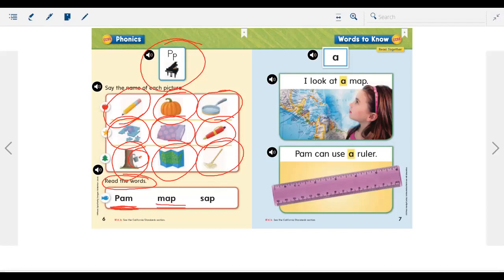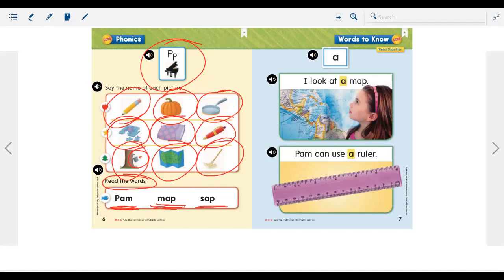The P sound is at the end of map. So the P is at the end of this word. Map. Say map. Sap. Do you hear the P at the end of sap? Say it with me. Sap.